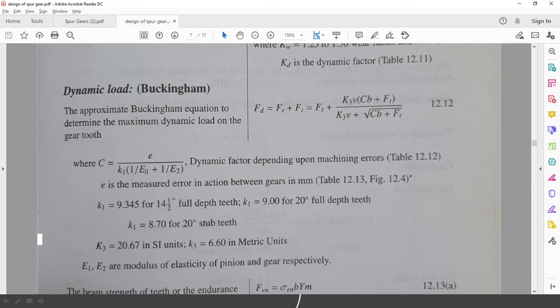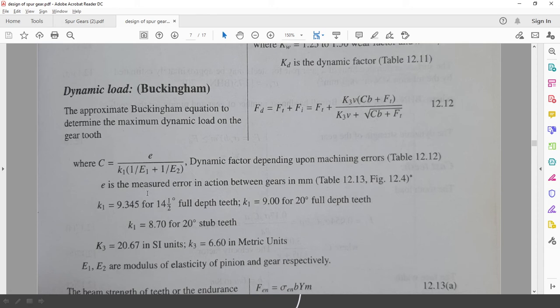In this case they have not given Young's modulus for pinion and gear, so you need to find it based on the error here.